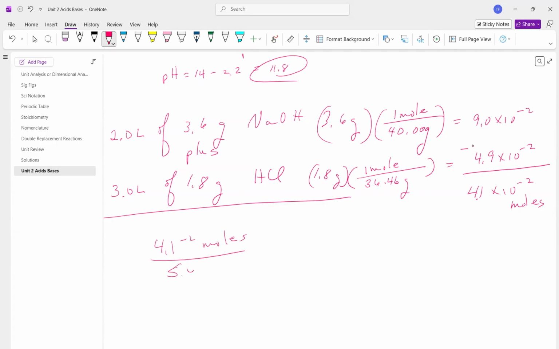In 5 liters. Question about subtraction. I don't want to do it by hand. Okay, what now?